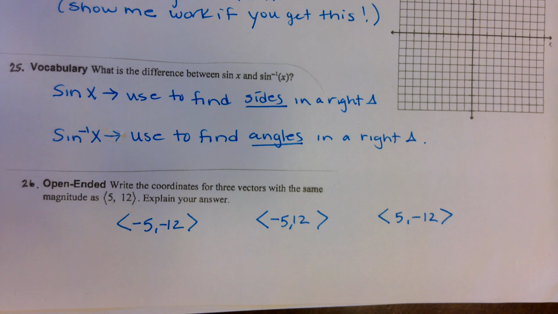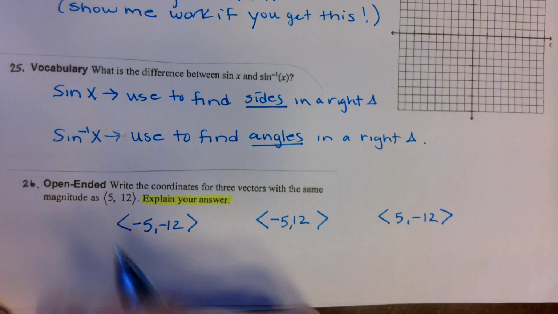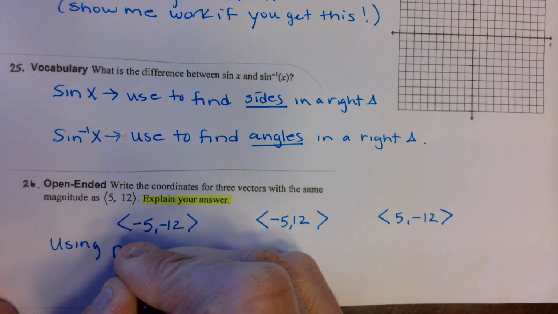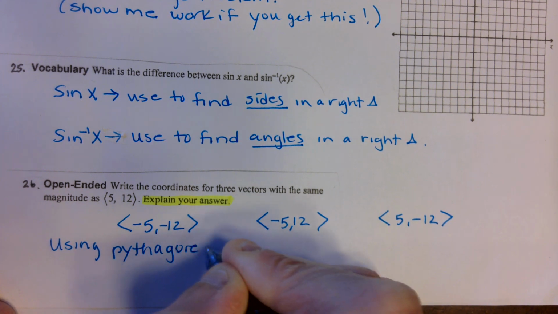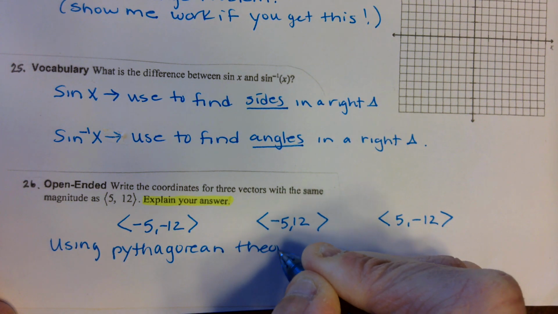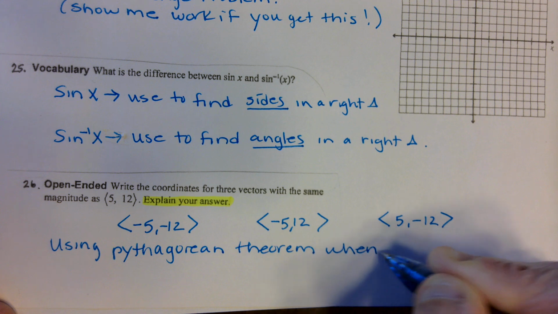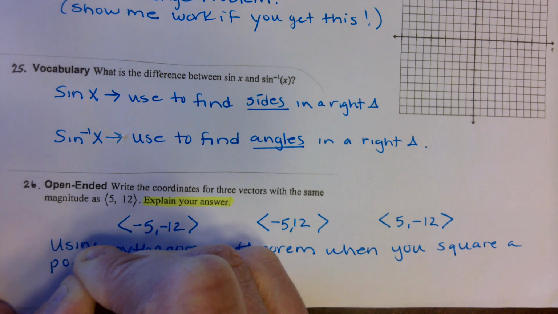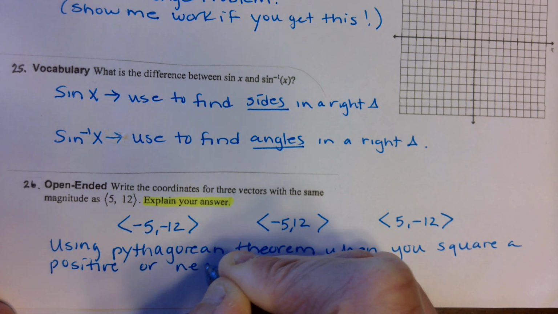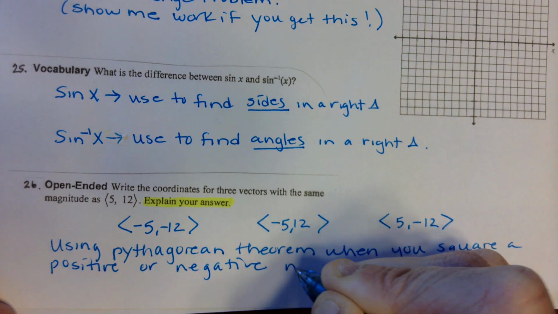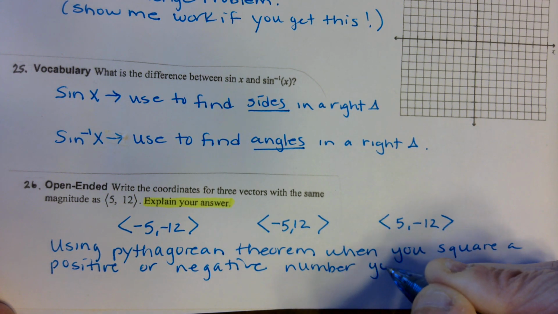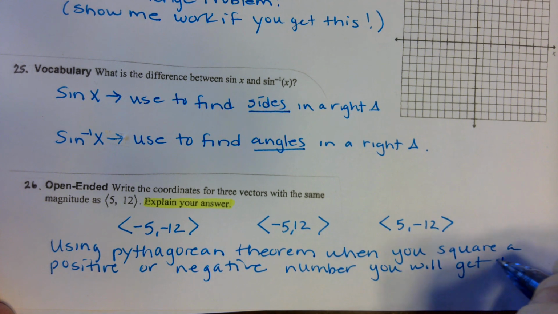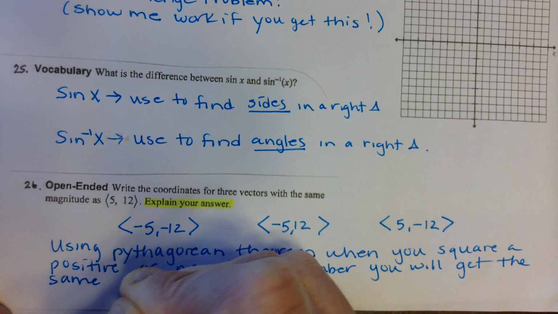And you are done, except that it says, explain your answer. So you can write something like, using Pythagorean theorem, when you square a positive or a negative number, you will get the same answer.